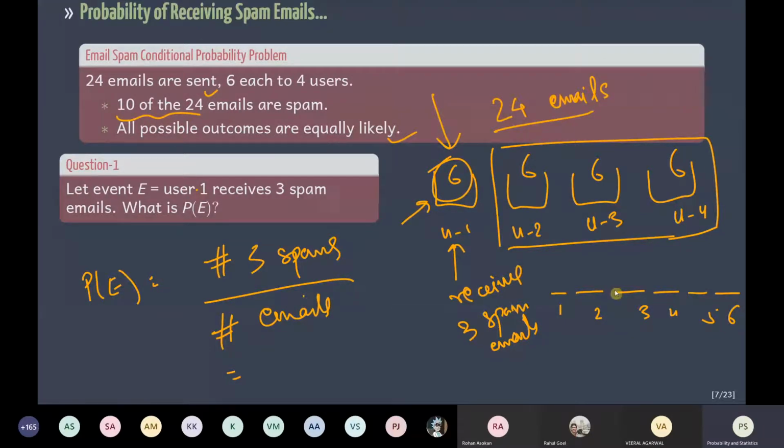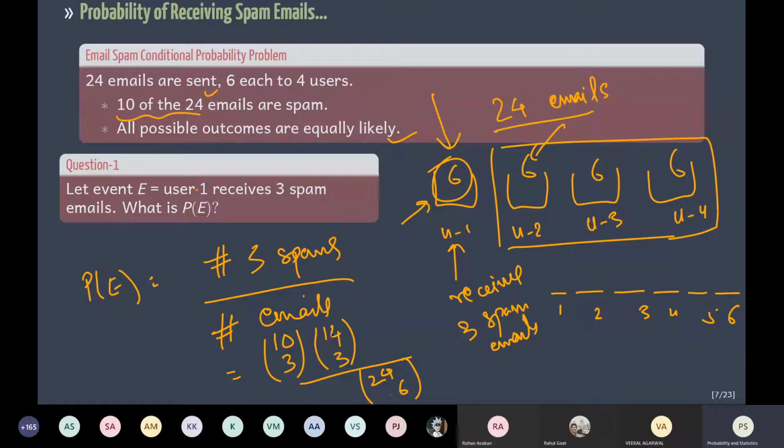So it turns out that it's 10C3, because 10 out of the 24 emails are spam. And then the remaining ones are non-spam, so it's 14C3. And then the number of ways I can receive the 6: total are 24, so 24C6.